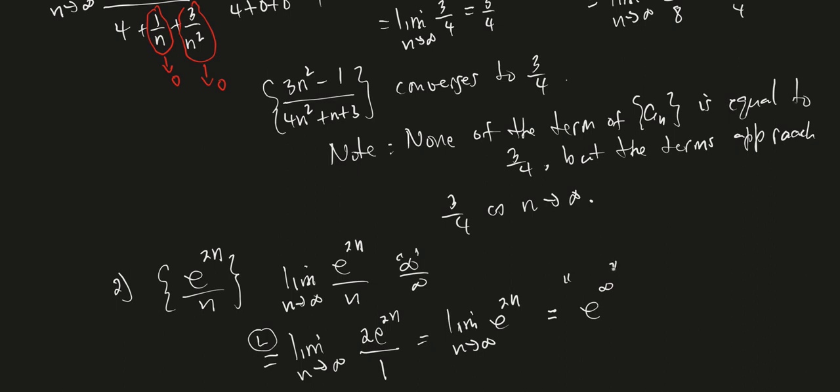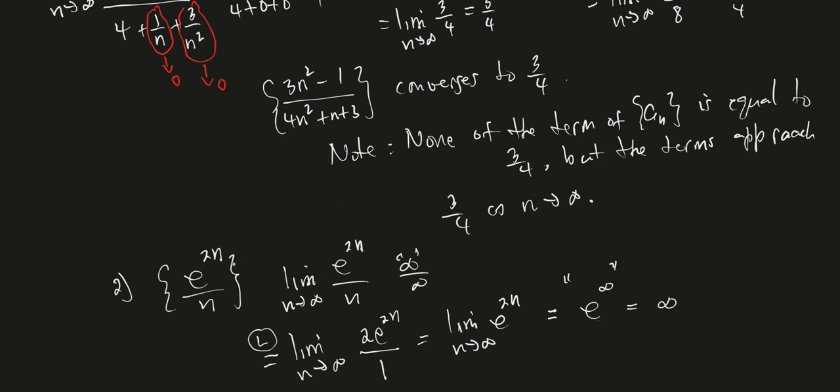I'll put that in there, though it's not a number or an expression, just a form that indicates we have the number 2.71 and so forth being raised to a power that's getting larger and larger. So that's positive infinity.